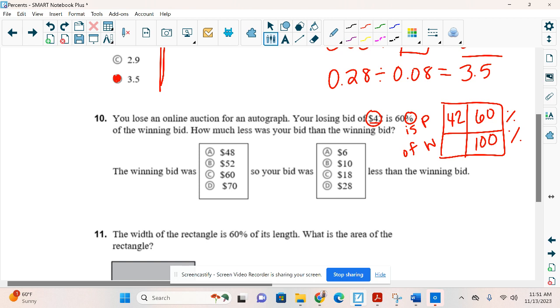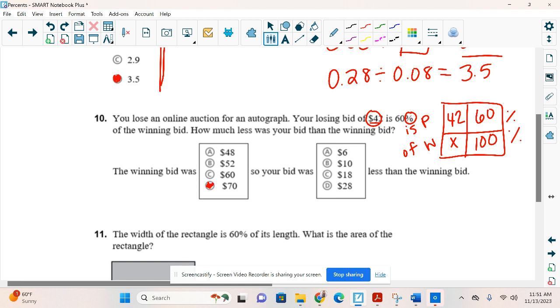No. So you could have tested and tried that, but then you should have gone off in your head and said, wait a second, this doesn't sound right. Okay? You've got to look at it as part and whole, because 60% of this number is going to be 42. So when you cross multiply and divide here, what do you get? 70.